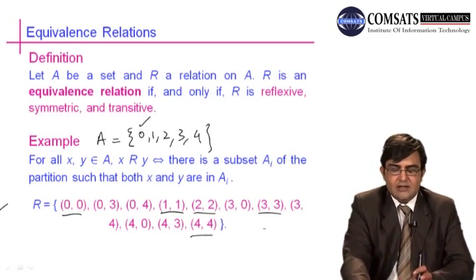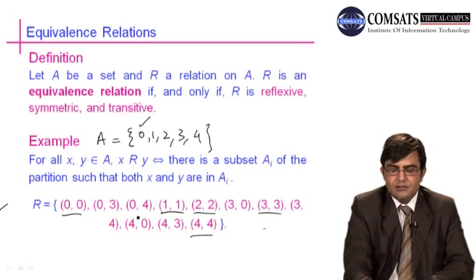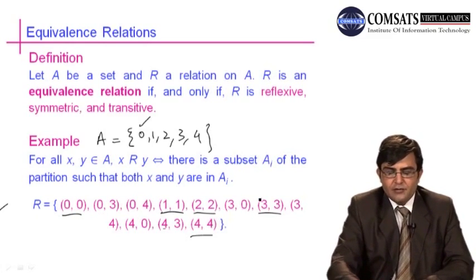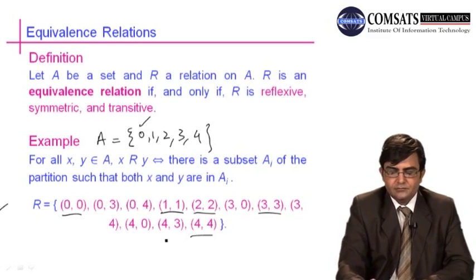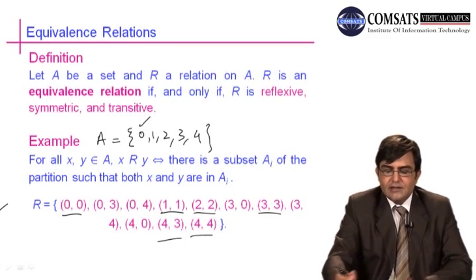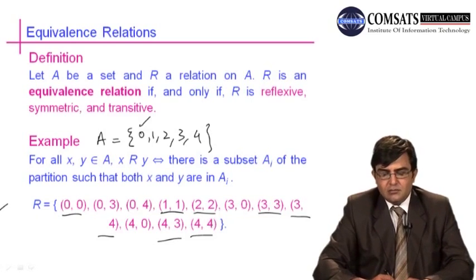So far this is symmetric. 0 is related to 4, 4 is related to 0; 3 is related to 0, 0 is related to 3; 4 is related to 3 here, and 3 is related to 4 also. So all the ordered pairs in R satisfy the symmetric property. Therefore this relation is symmetric.